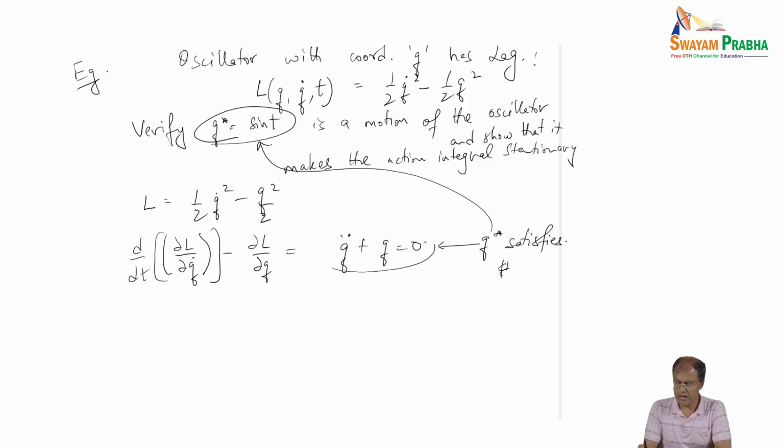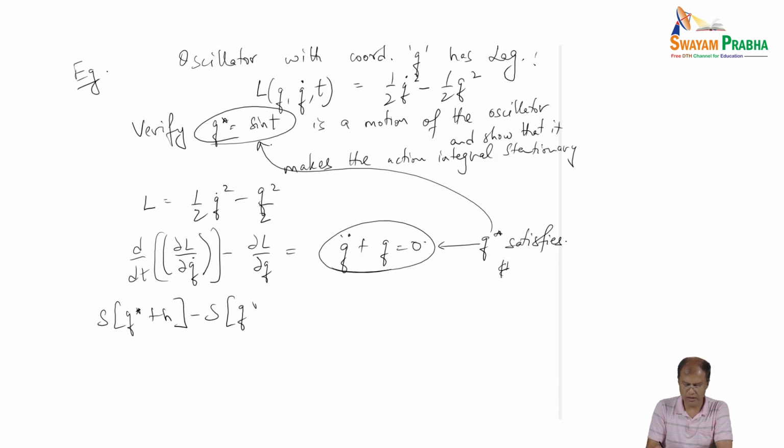So one solution to this equation of motion is sin t, and then we have to show further what the sign of the functional is. Suppose we were to find the sign of the difference S of q star plus h minus S of q star.